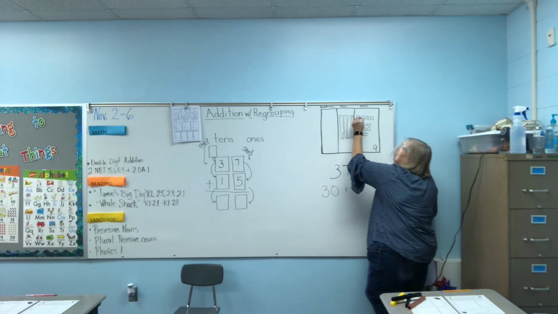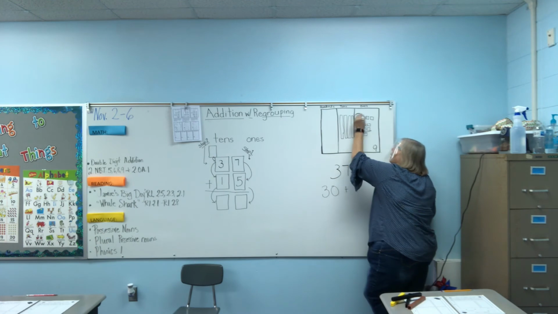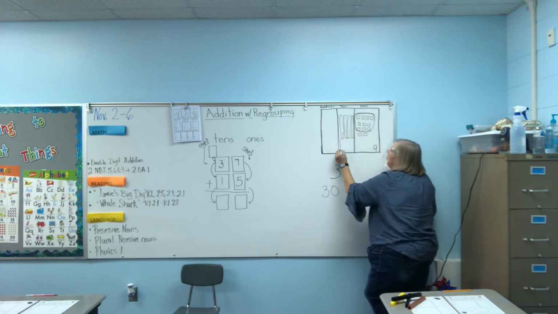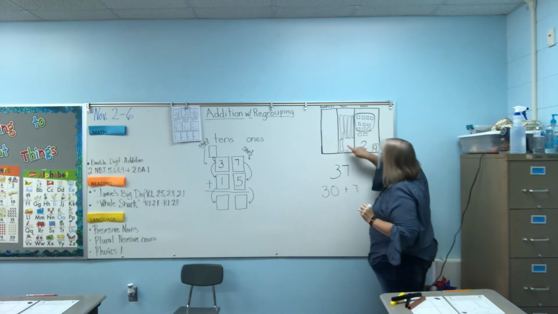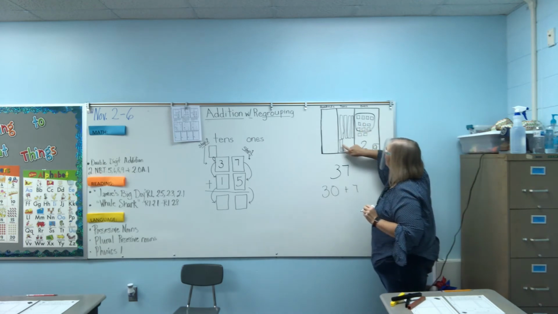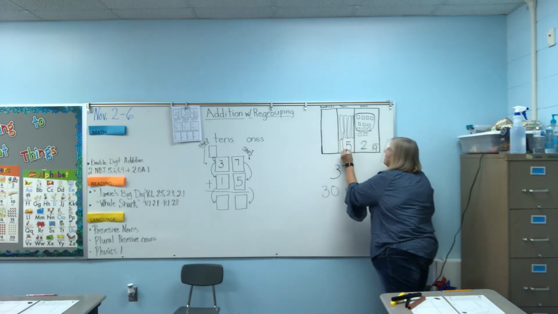So we have 1, 2, 3, 4, 5, 6, 7, 8, 9, 10. Oh, that's a group that we need to move over here. And then how many do we have left over? 2. All right, I'm going to put this right here. So how many sets of 10 do we have? 1, 2, 3, 4, 5. We have 5 sets of 10.